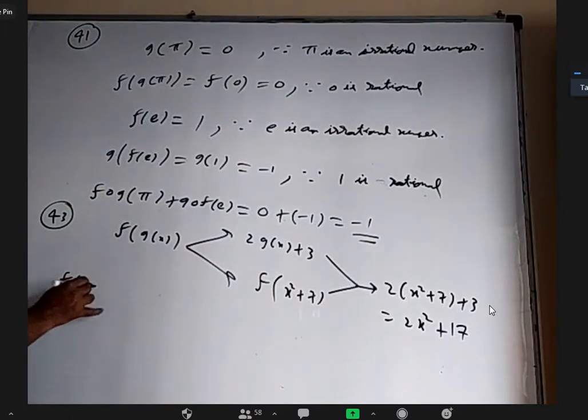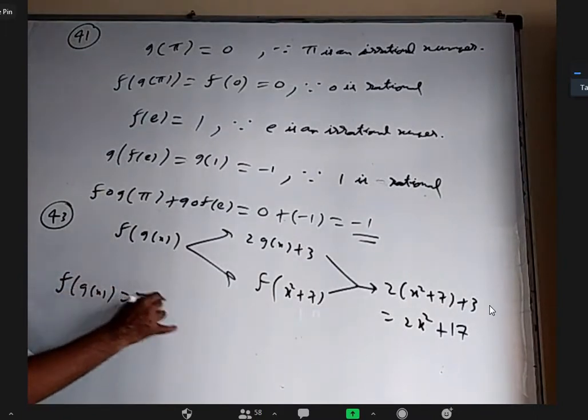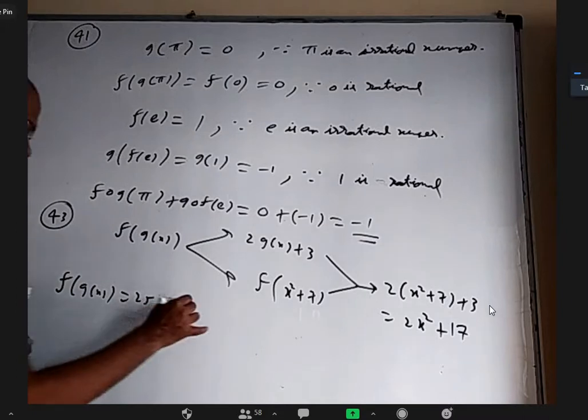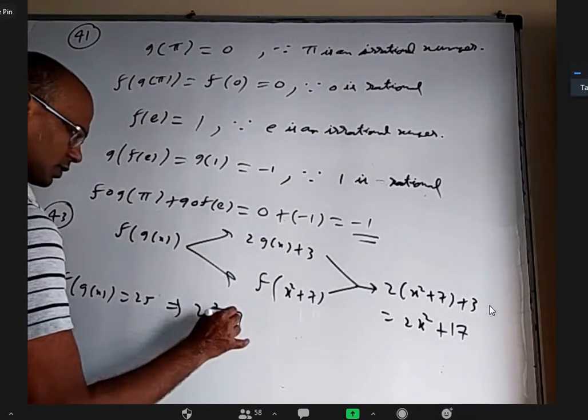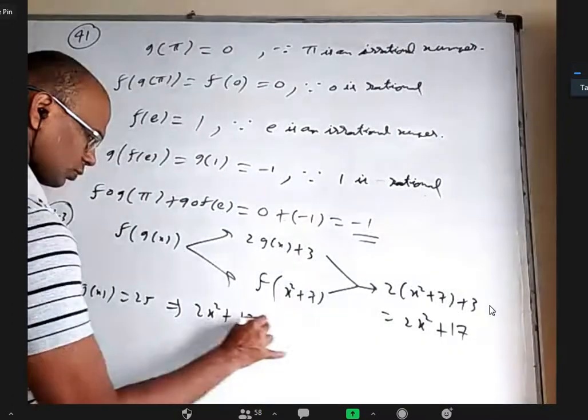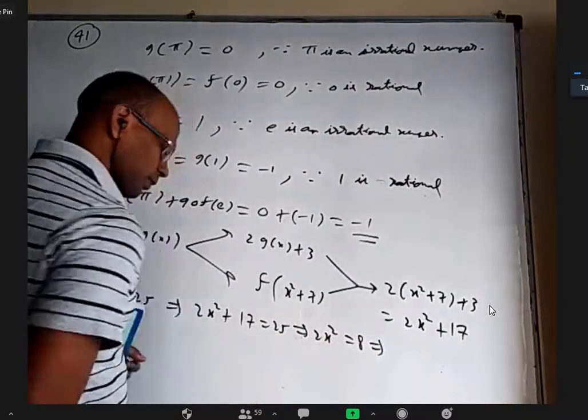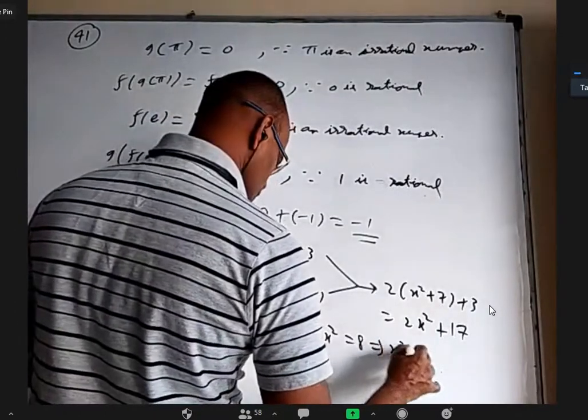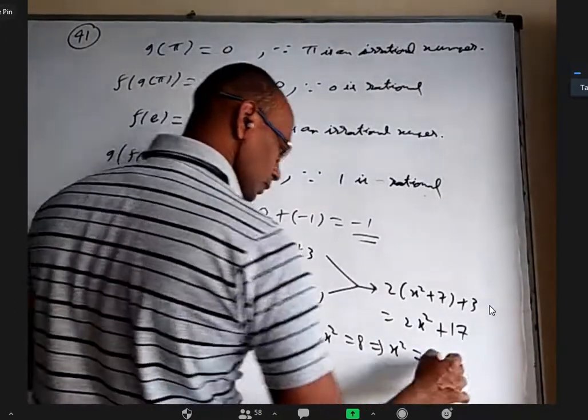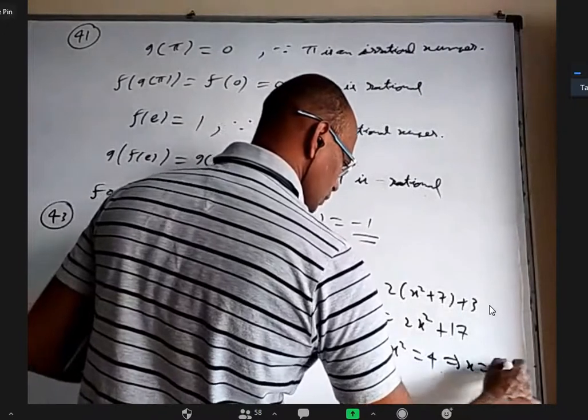Now f of g of x is equal to 25, so 2x square plus 17 equals 25. 2x square equals 8, x square equals 4, x equals plus or minus 2.